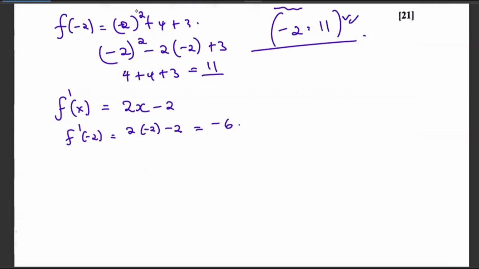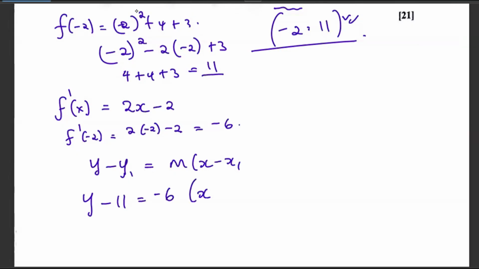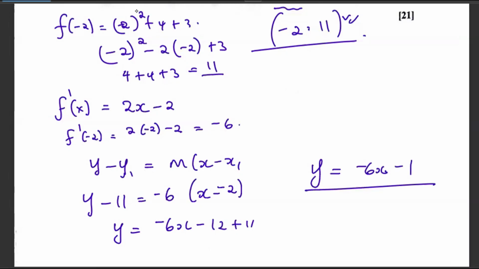So we can use y minus y1 is equal to m into x minus x1. So y minus 11 is equal to negative 6 into x minus minus 2. You open up and you make y the subject, so it's negative 6x minus 12 plus 11. So our desired equation is y equals negative 6x minus 1. So that is the equation.